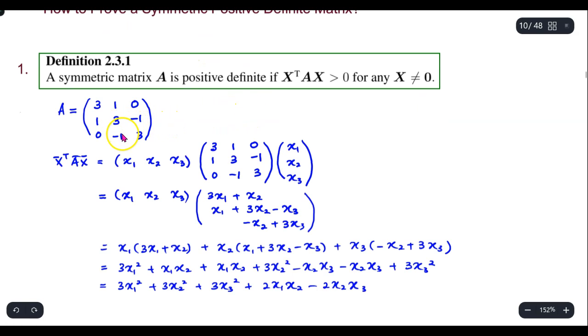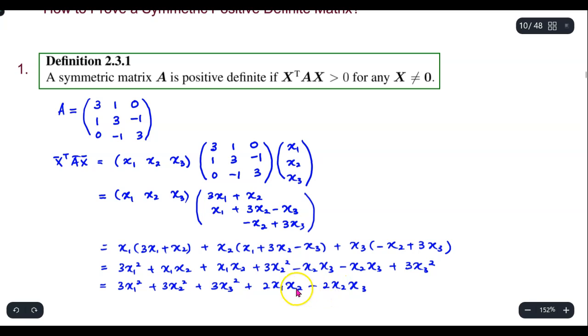For example, consider this matrix A here. By definition, X transpose multiplied with the coefficient matrix A times the vector X can be written in this form. If we multiply these two, we have this long expression, which can be simplified into this.